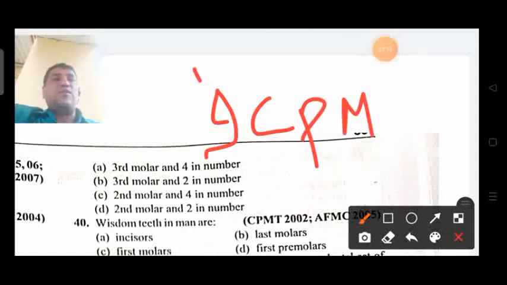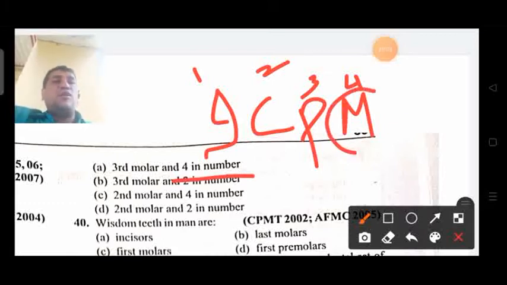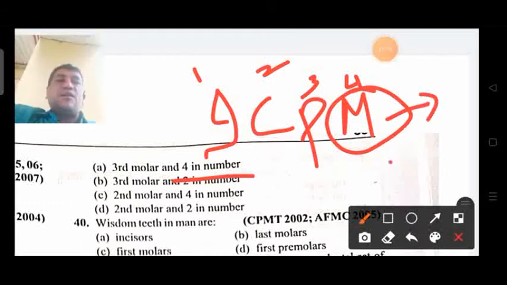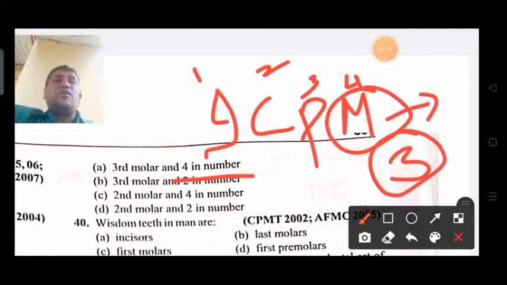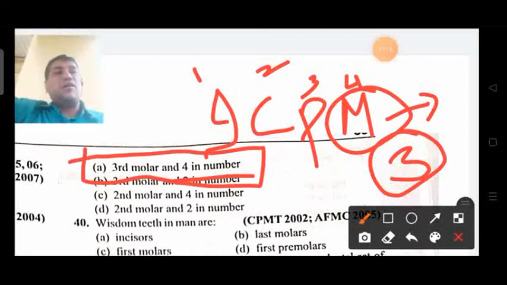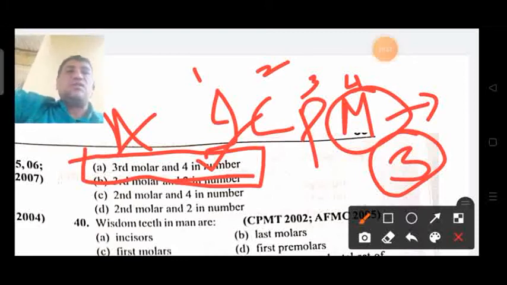If we take this as the first position, this as the second, the third, and the fourth position, then here it is fourth in number. The last teeth that appear at the end of the jaw are the third molars, so the answer from the given options is third molar and fourth in number. This can be the answer for this question.